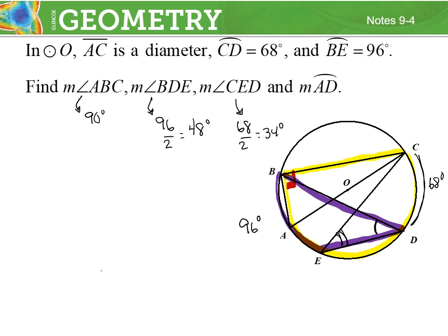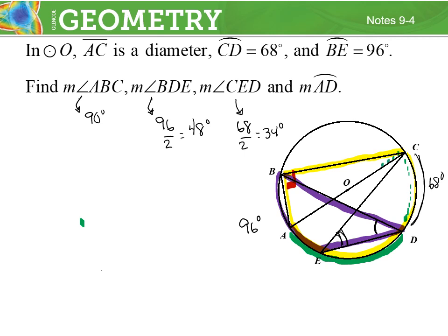Last of all, we have the measure of arc AD. So arc AD, I'm going to use the green to highlight this, goes from here all the way over to here. Well, if you notice, if I were to continue it on, if I add in arc CD, that would be a total of 180 degrees.